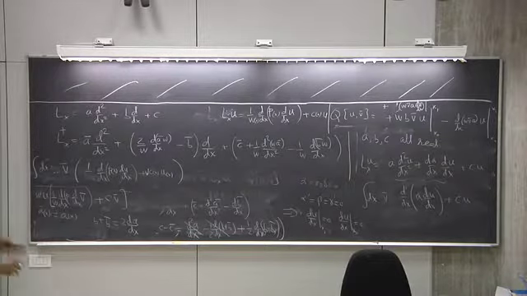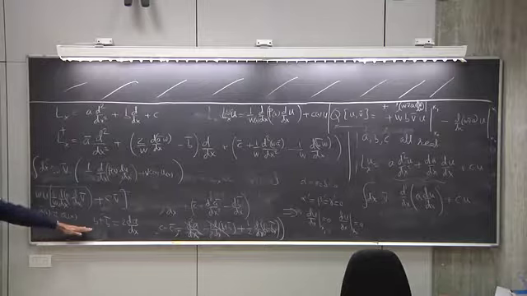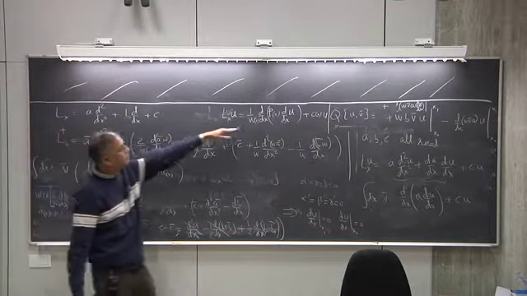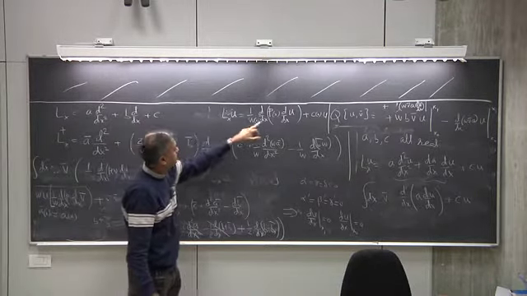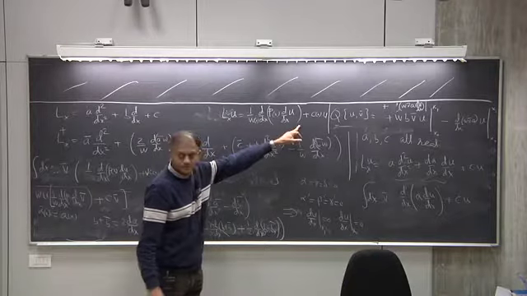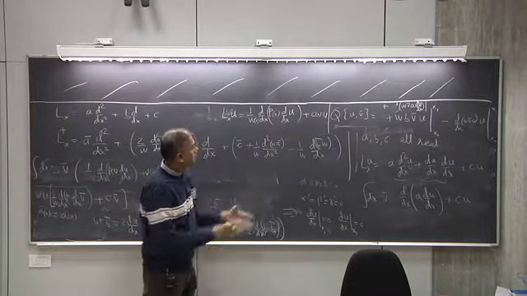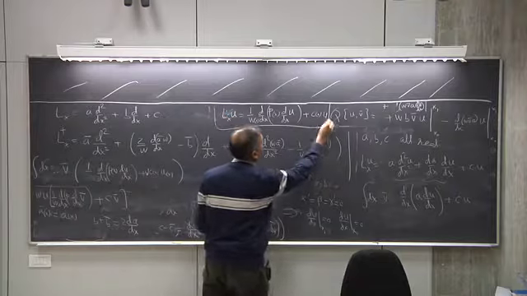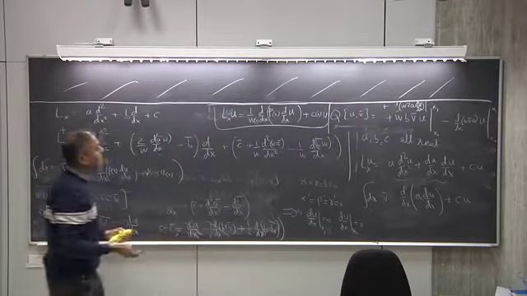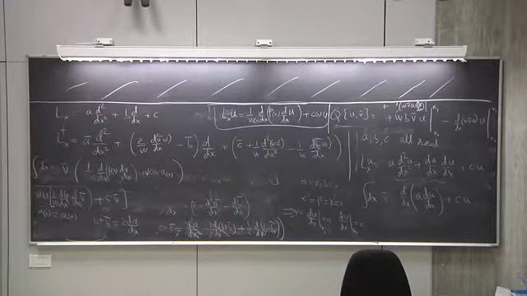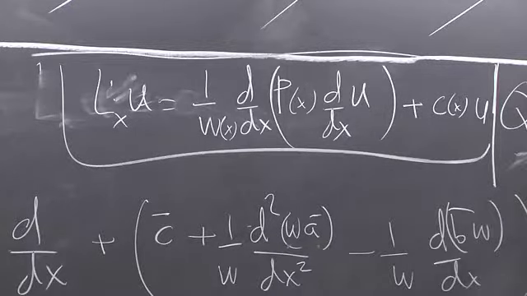Yeah, so what we are saying is that although this previous analysis I did was for w equal to 1, in general, for any w, if the operator is of this form, then L dagger will be equal to L, provided P and C are real.